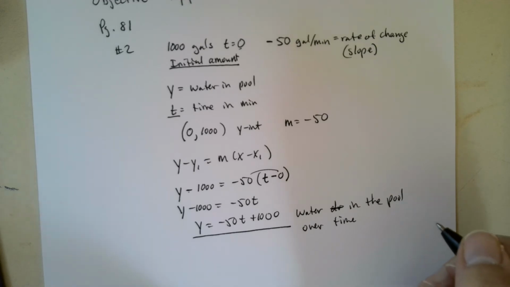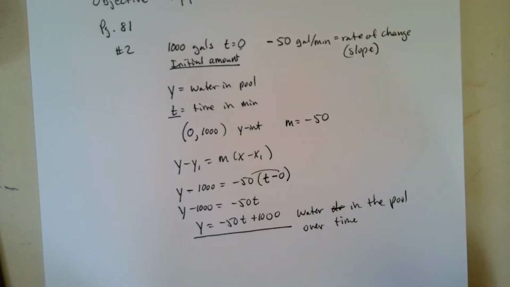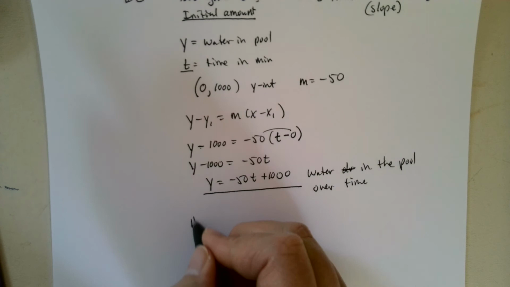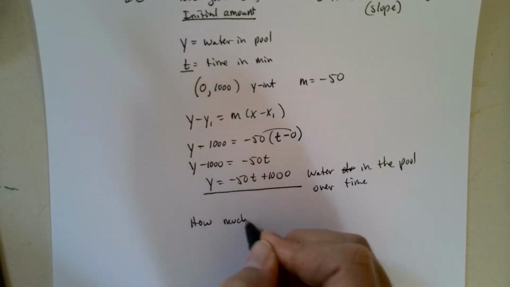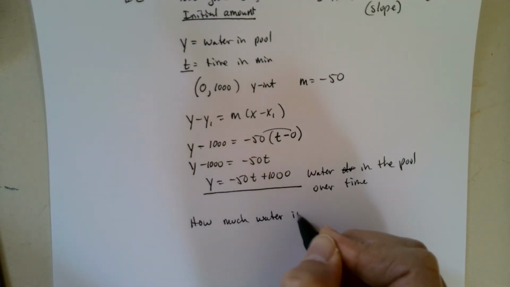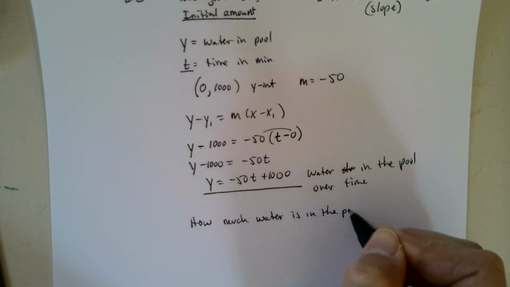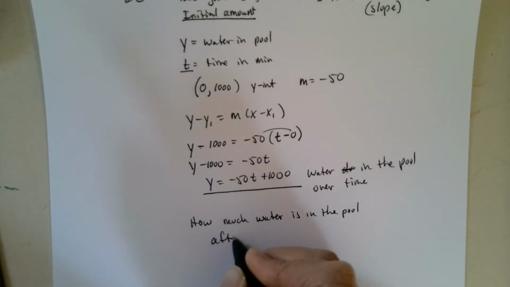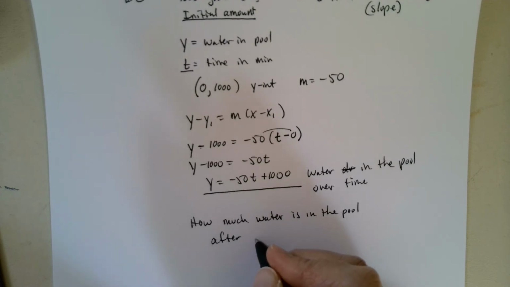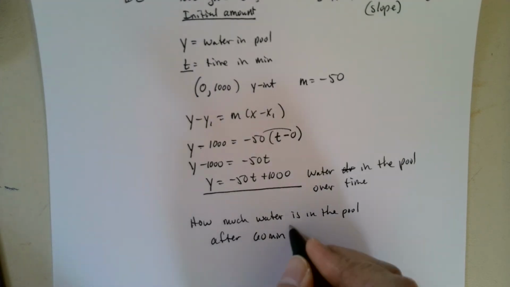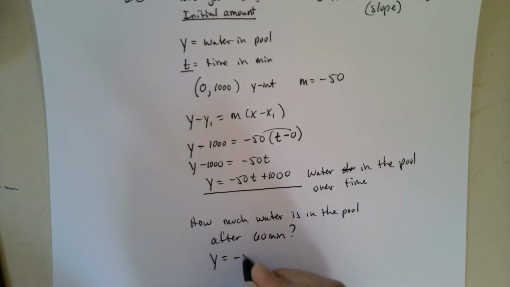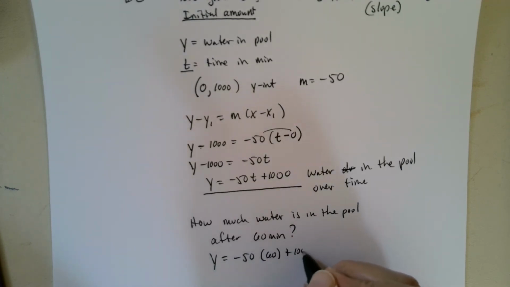And then this equation could be used to figure out, okay, how much water is in the pool after, let's see, this was minutes. So let's say after 60 minutes. So we would take our equation and we would put in 60 minutes and we would multiply.